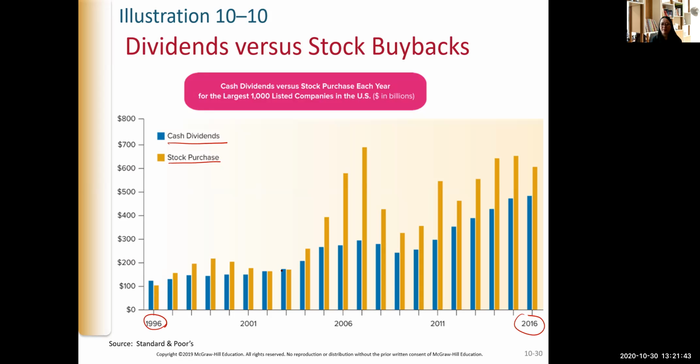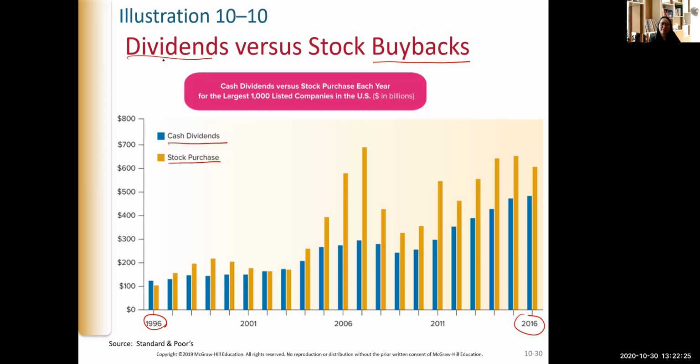Another trend is that from the early 90s to the 2020s, the distribution to equity holders has changed. Before, cash dividends and stock purchases were almost similar, right? Not one dominating the other. But in later years, companies mostly prefer to buy back their shares as a form of distributing to the stockholders rather than paying them dividends, right?